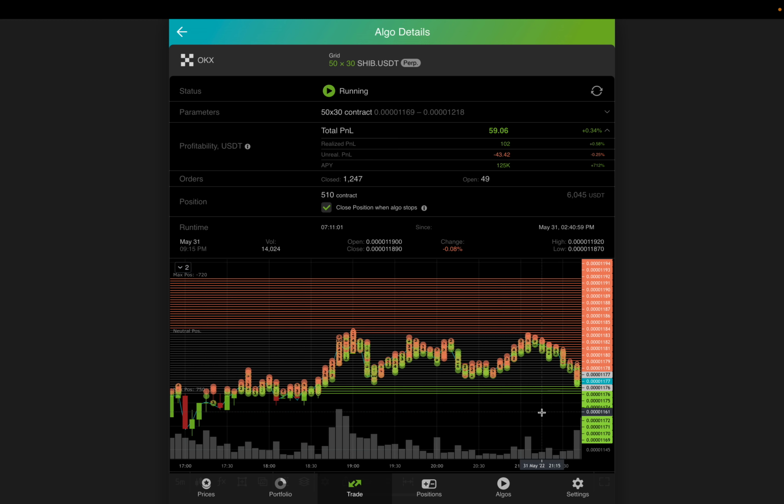The only thing worth noting here, besides what I've been talking about before, is that what this grid is very good at is getting you trading volume.